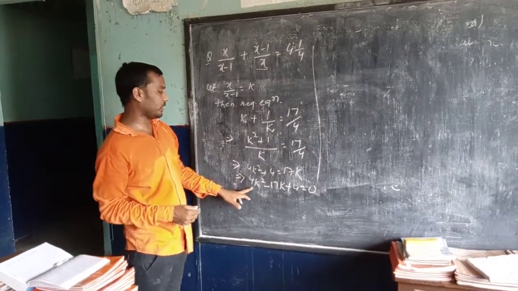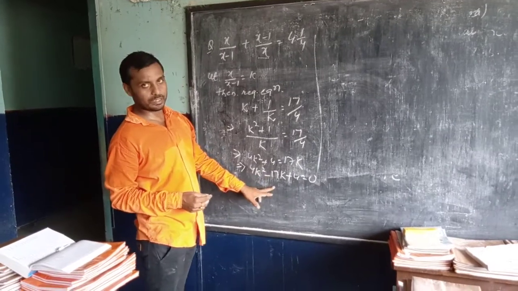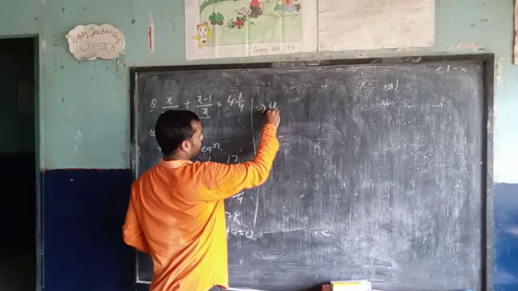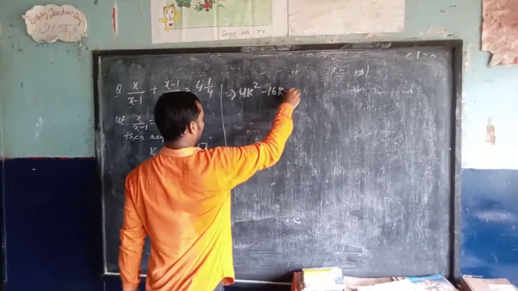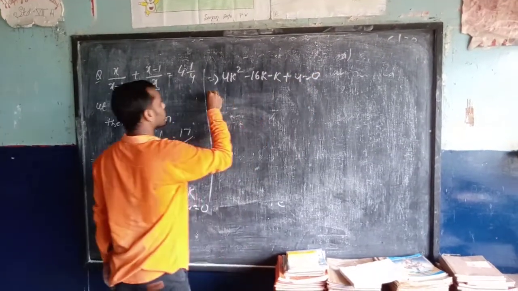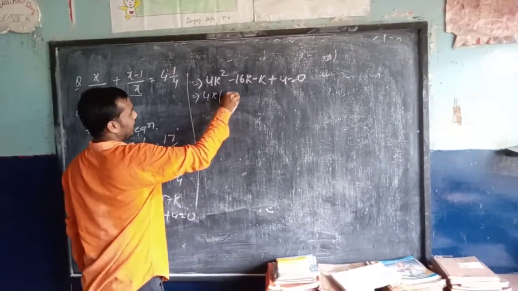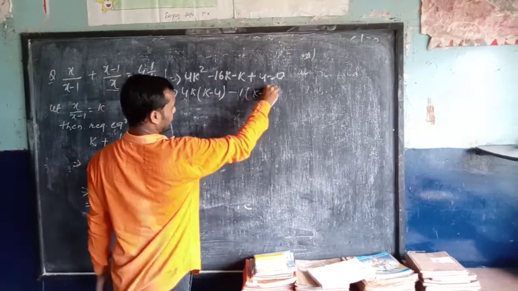Now we will factorize the terms. 4 fours are 16, 16 times 1 is 16 and 16 plus 1 will result in 17. So we can write 4k square minus 16k minus k plus 4 equal to 0. 4k common, k minus 4, minus 1, k minus 4.